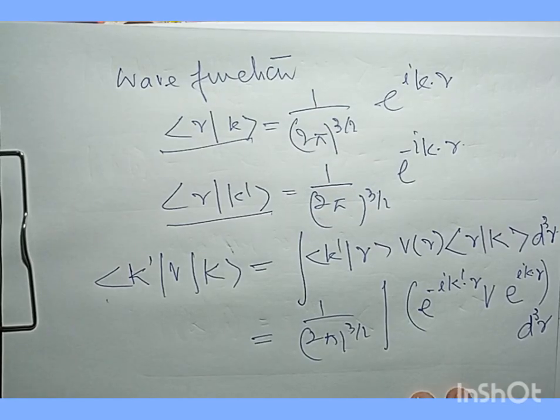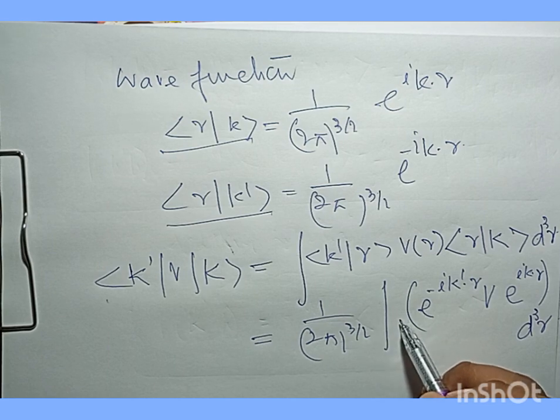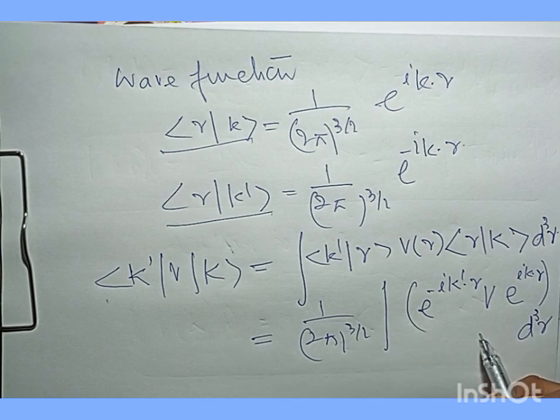That's the case. Now, what is this? This is simply the Fourier transform of v of r.